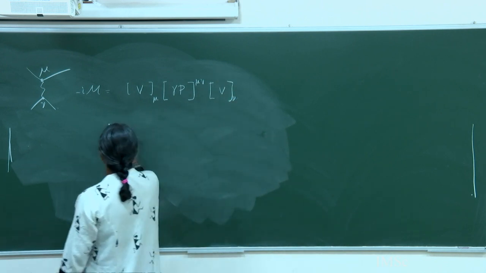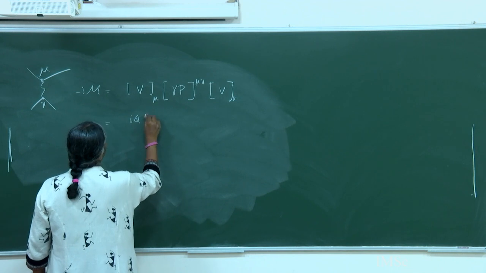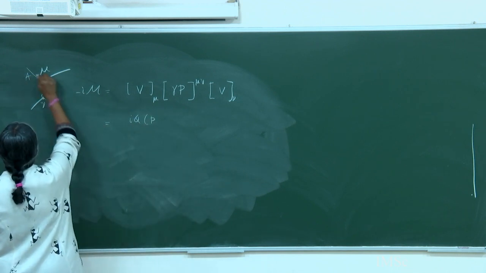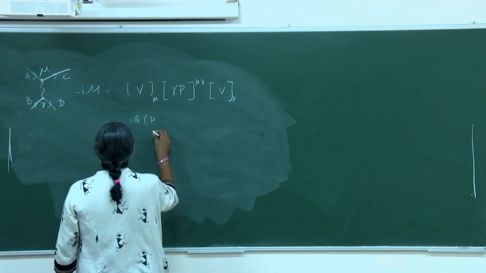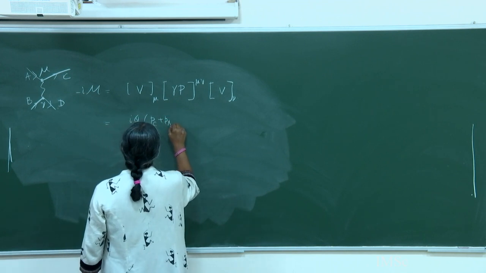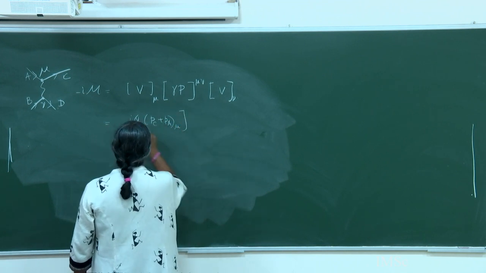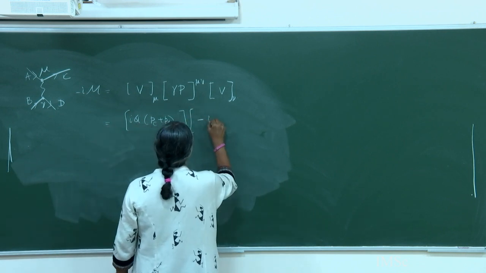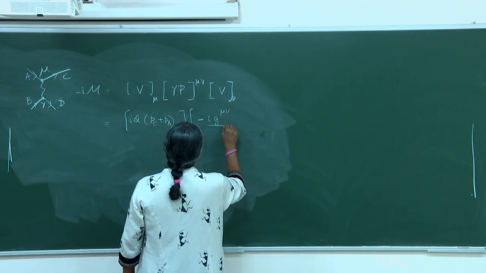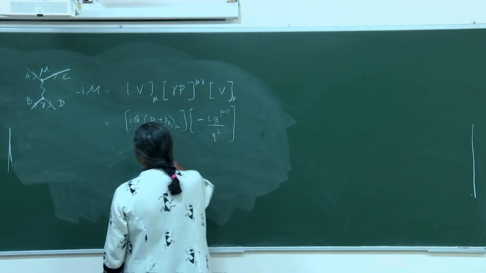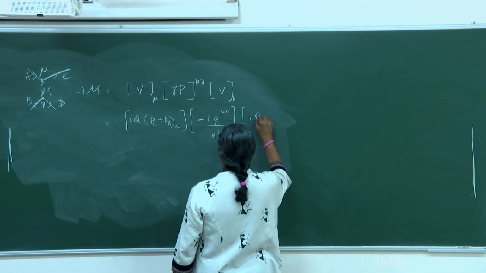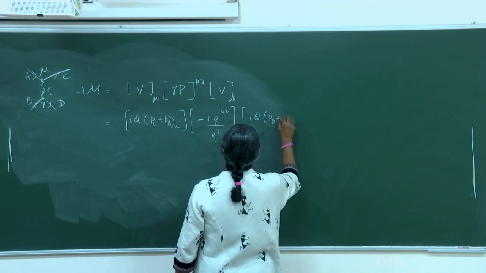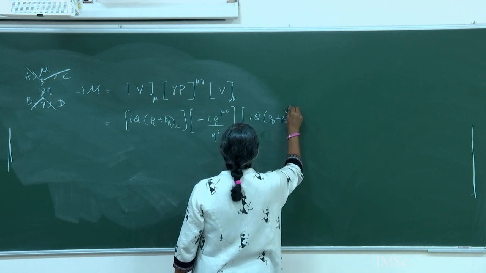For those who don't remember, let's call it A, C, B, D. So this will be (p_C plus p_A) mu, and then we had minus i g mu nu by q squared, where q was the momentum of the photon, and then we have i q (p_D plus p_B).